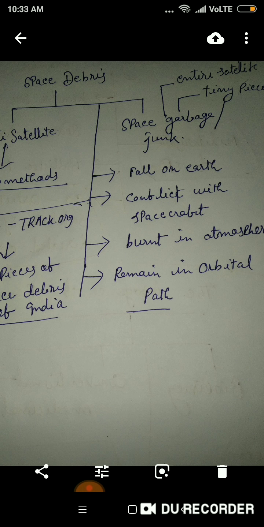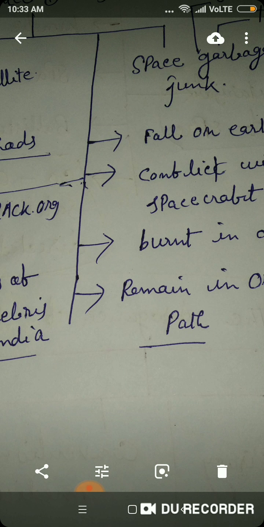Every day, various countries are putting new satellites and new spacecraft into space. Some remain working for some days and some for years, and after their term is over, they remain in space without any work. In very simple terms, you can call them space debris. Yeah, space garbage.